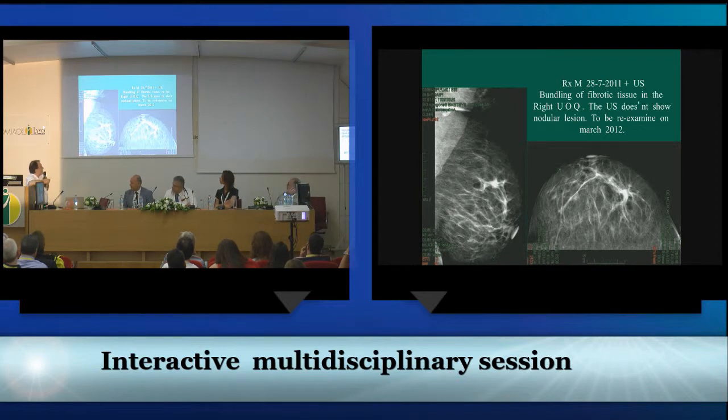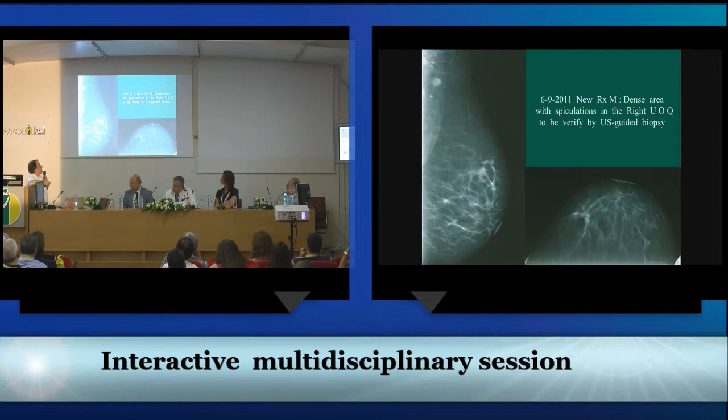Looking at these images, I have some doubt. Forty days later, the lady performed mammography again, with another mammographer, another radiologist: dense area with spiculations in the right upper quadrant, to be verified by ultrasound-guided biopsy.